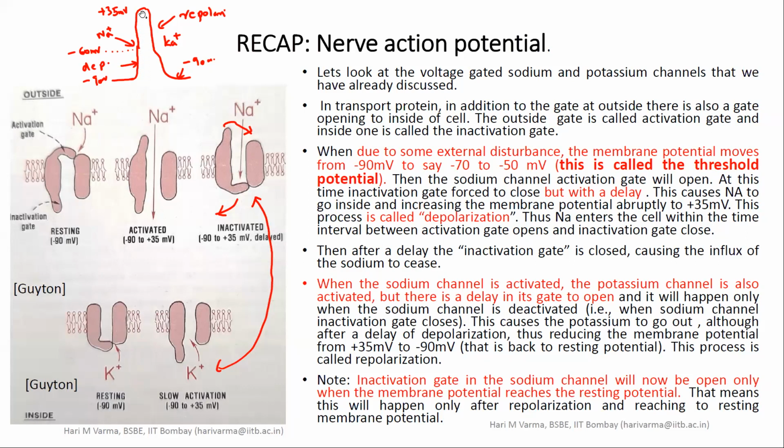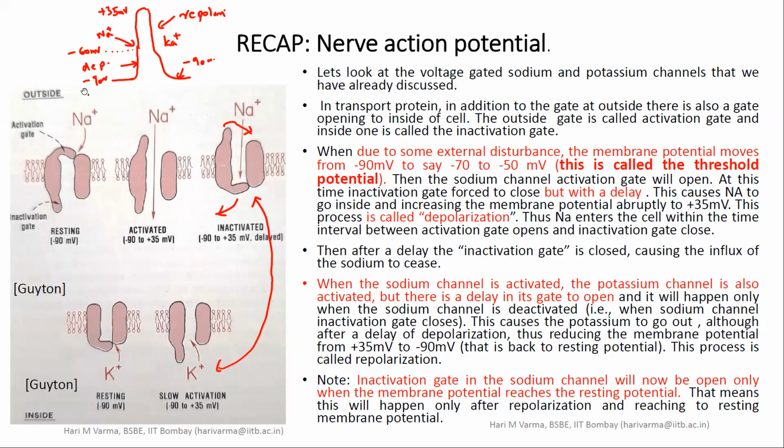That means the interior of the cell becomes more positive, that we have seen, right? But then the potassium channel will open and it will go out. At the same time, the sodium channel is deactivated. So it's an inactivation gate. Sodium will stop coming in, whereas the potassium will start going out, and that causes the potential to go back from plus 35 millivolt to minus 90 millivolt, right?